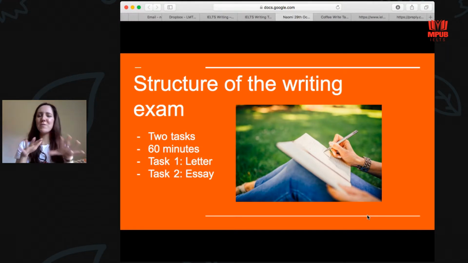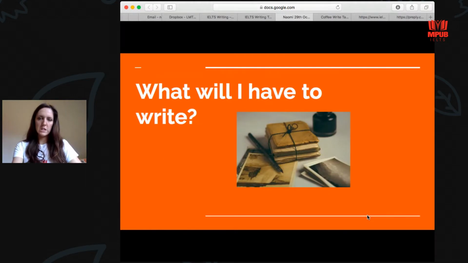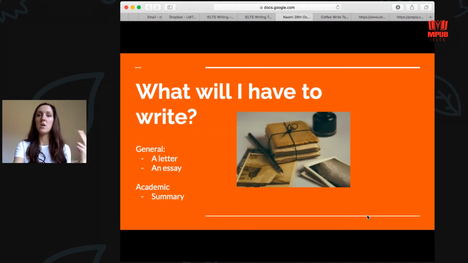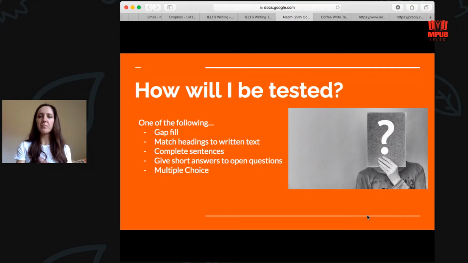So task 2, very, very similar. Task 1, general, letter, academic, the graph or bar chart. Good. So it sounds like I'm repeating myself a lot, but we just want to make sure that we know this. So general, letter and essay, academic, summary, and then an essay.